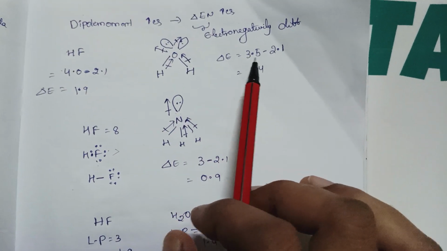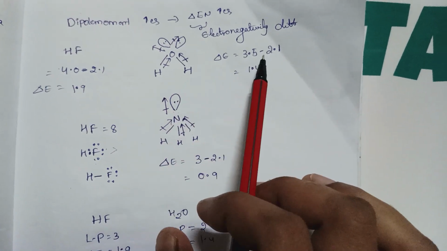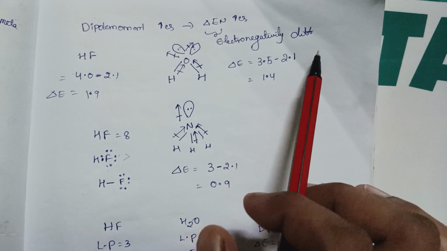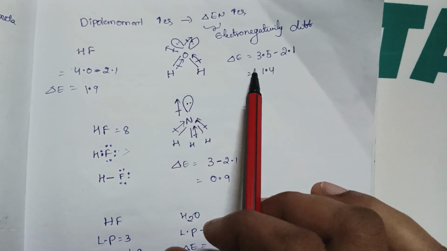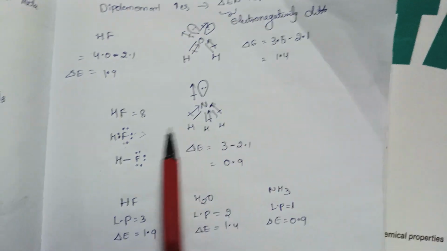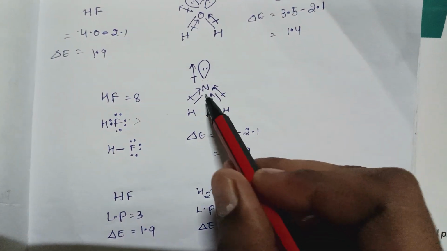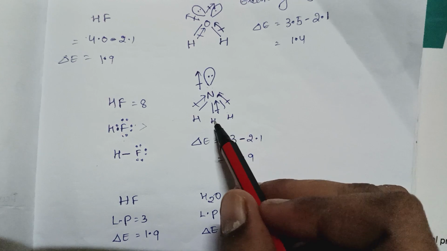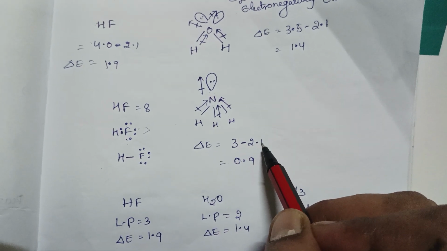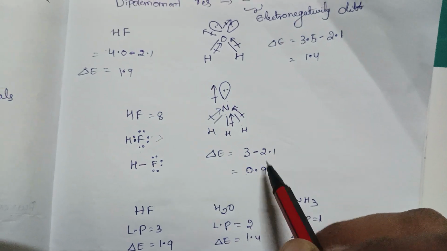For H2O, it is 3.5 for oxygen and 2.1 for hydrogen, so the difference is 1.4. For NH3, nitrogen electronegativity is 3 and hydrogen is 2.1, so the difference is 0.9.